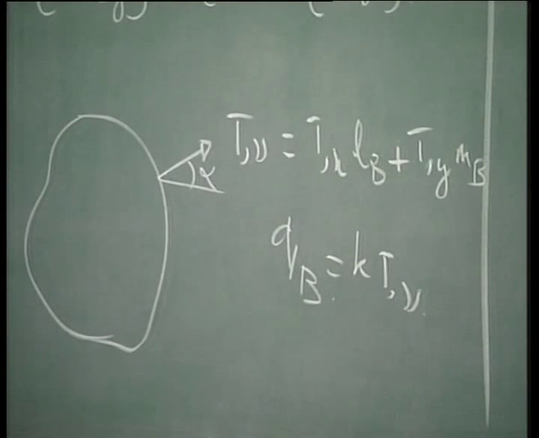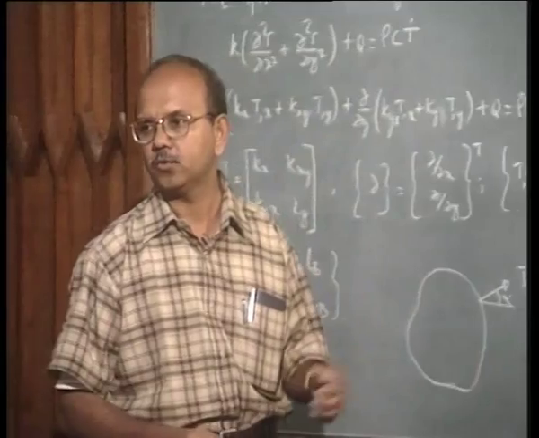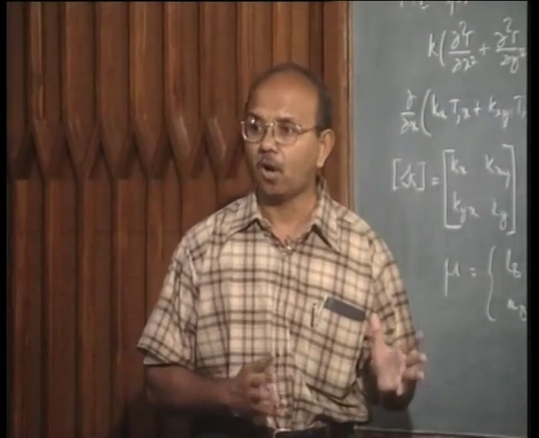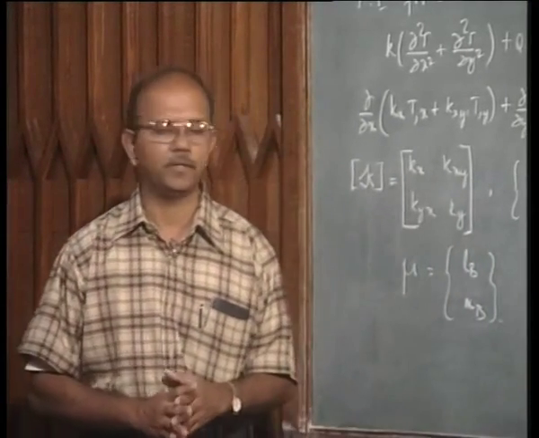Now, we'll just see how to modify it for more practical manufacturing problems. And what shape does it take usually? One is that you can look at it like this, or you can specify heat flux directly. Let's come to that in a minute.